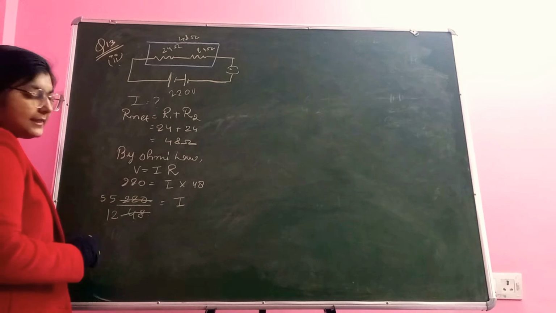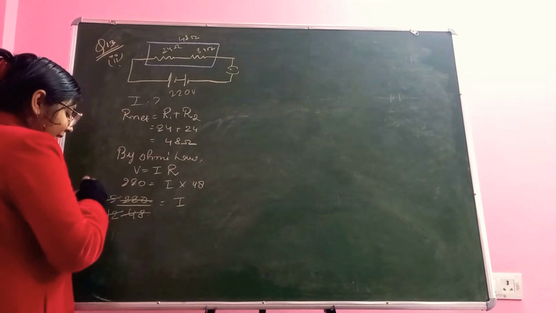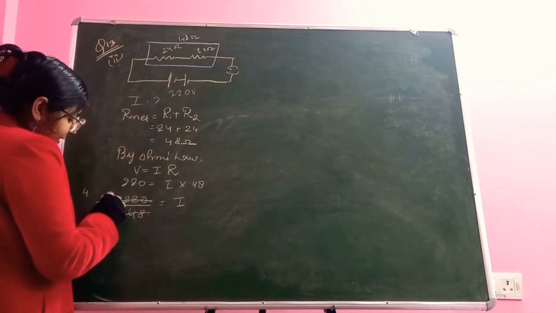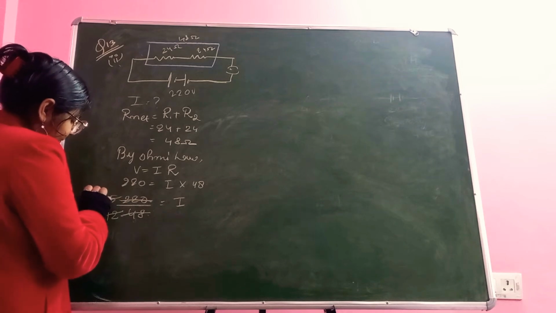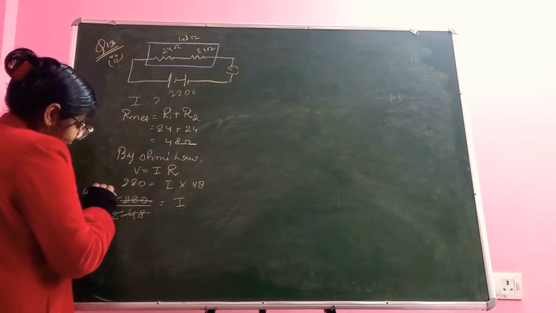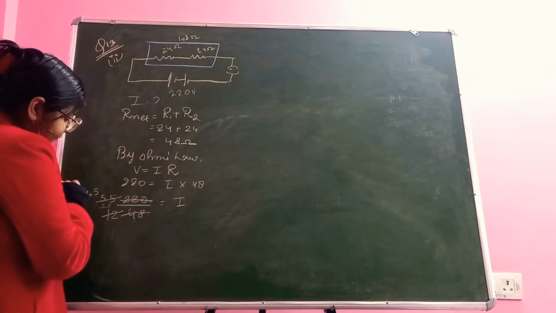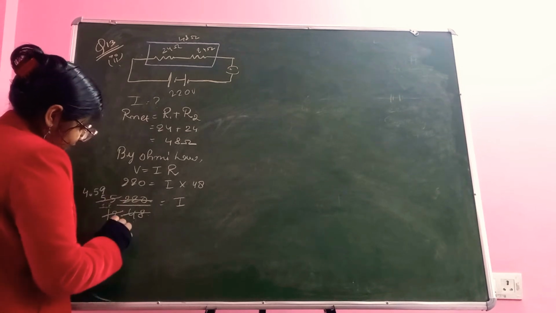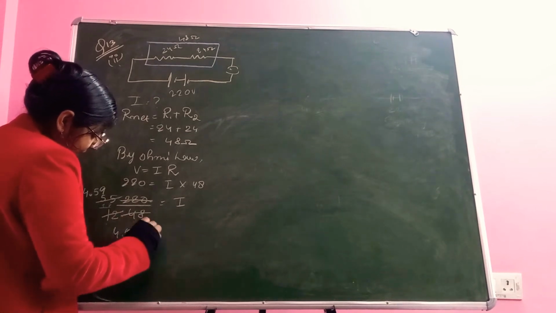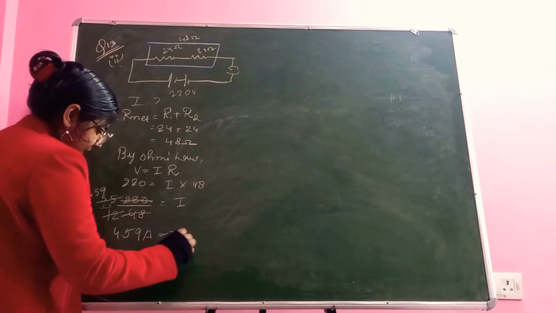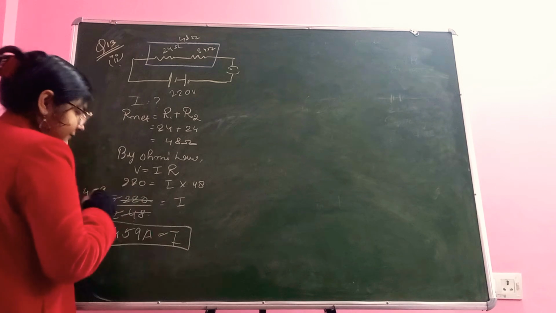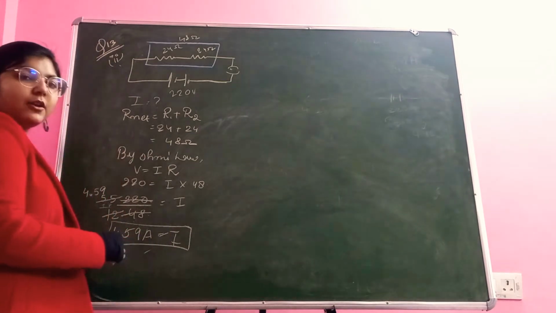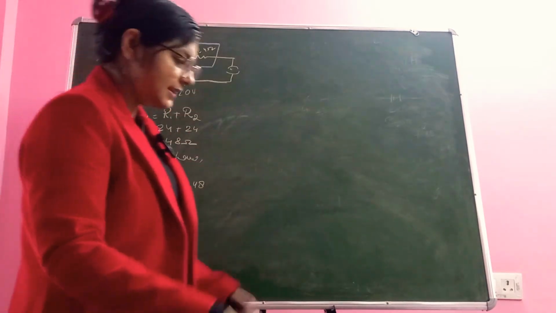Now this number will not be cancelled, so I'll directly cancel it by 12. 12 4s are 48, it will be 70, 12 5s are 60 and 12 9s are 108. So 4.59 ampere is the value for current in series. 4.59 ampere of current will pass through both of these resistors.